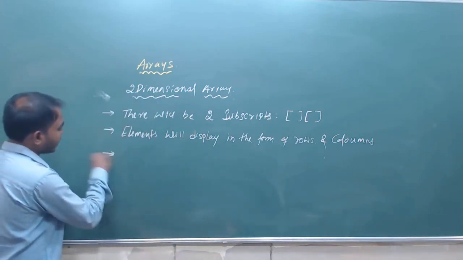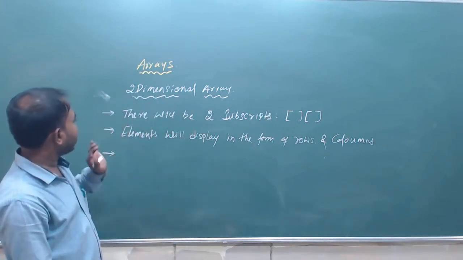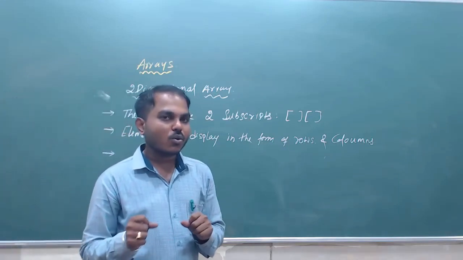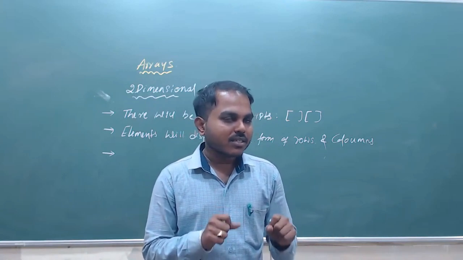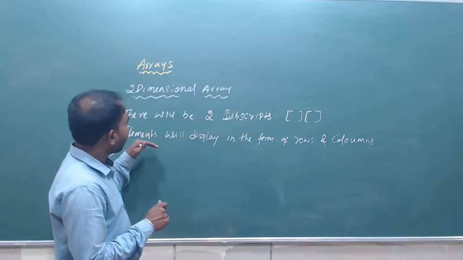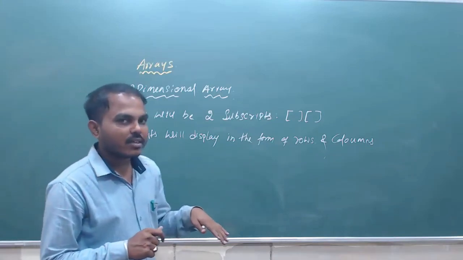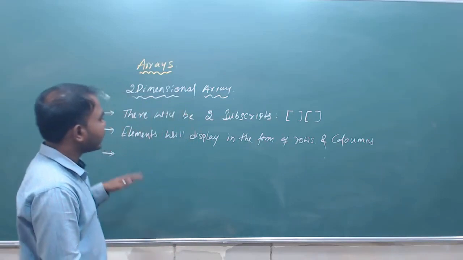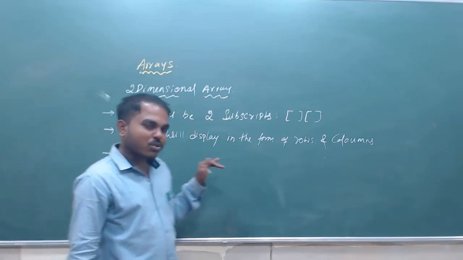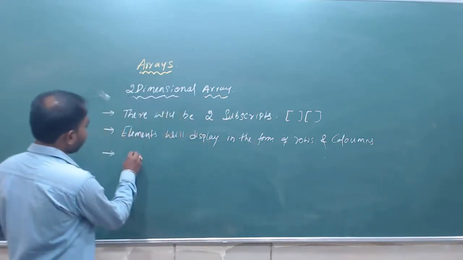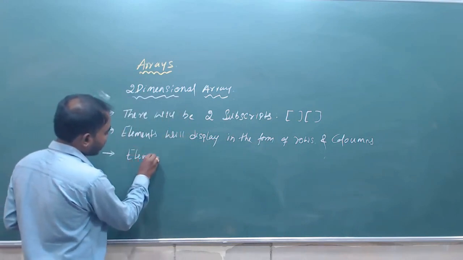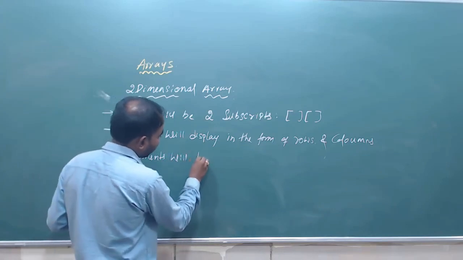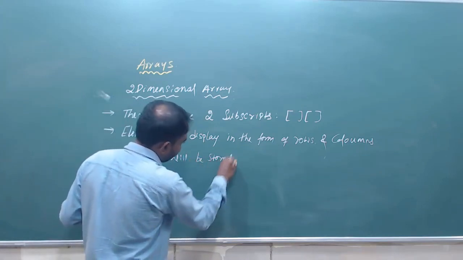The next point is, in a two-dimensional array, the elements are going to be stored row wise. We are going to use a matrix format in a two-dimensional array. So for matrix applications, we use a two-dimensional array, but the values will be stored row wise.